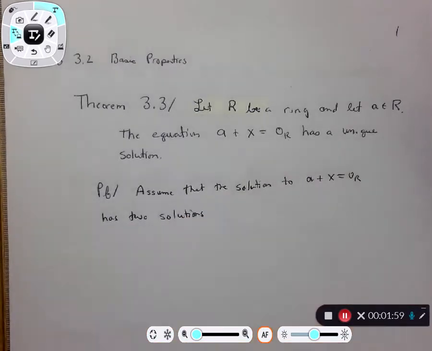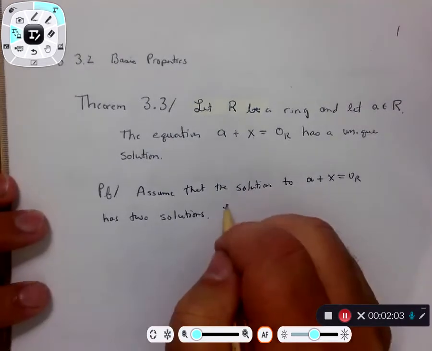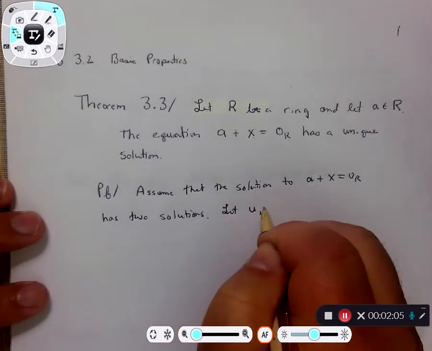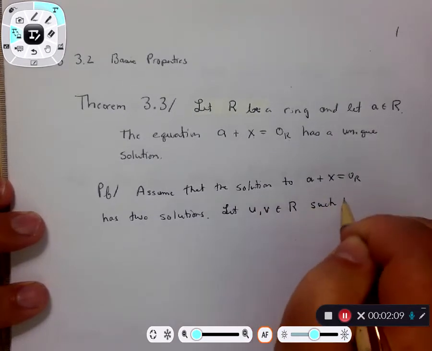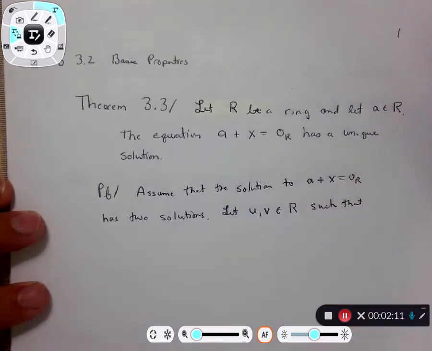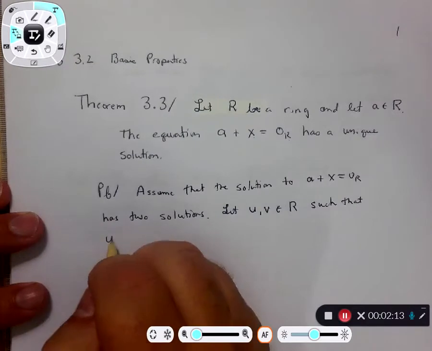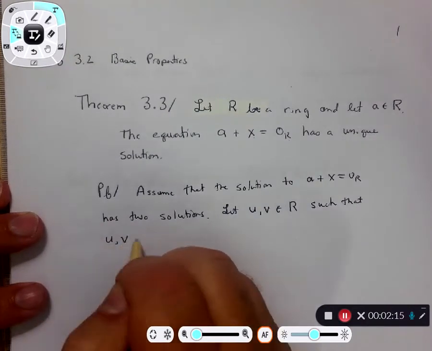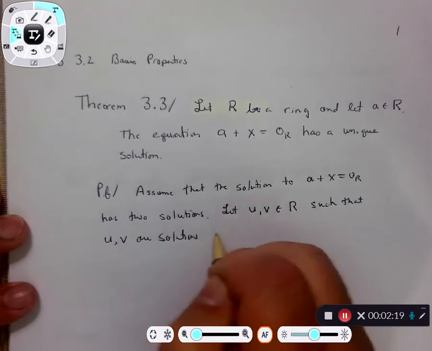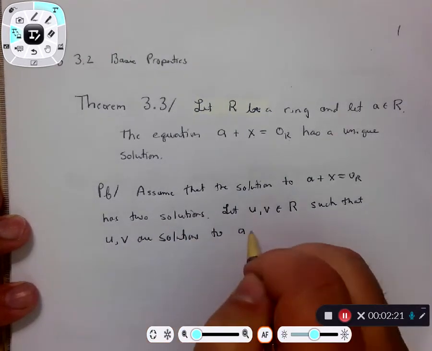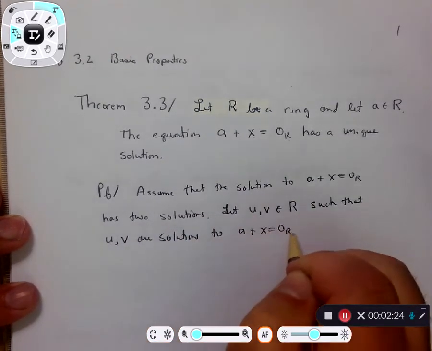It's not unique, is basically what I'm after. Assume there's two solutions. So let U and V be elements of R such that U and V are solutions to the equation A plus X equals 0 in R.